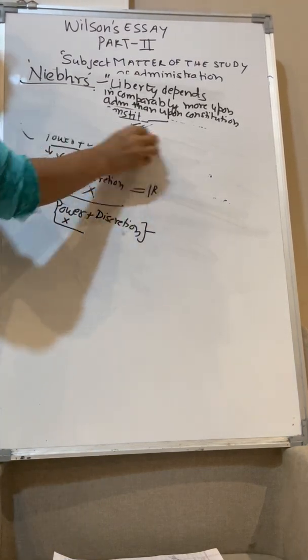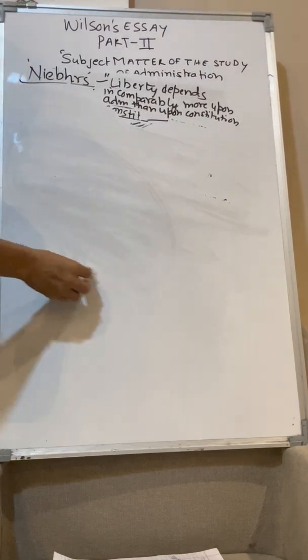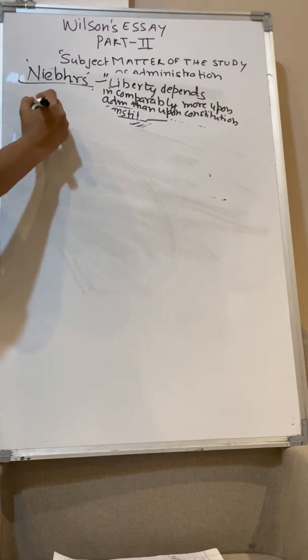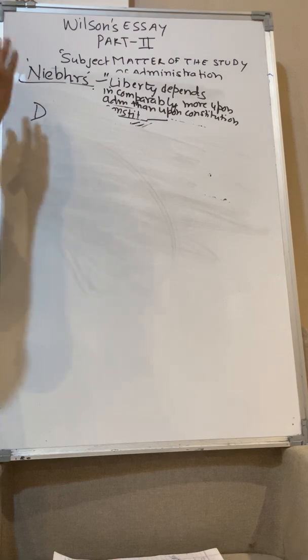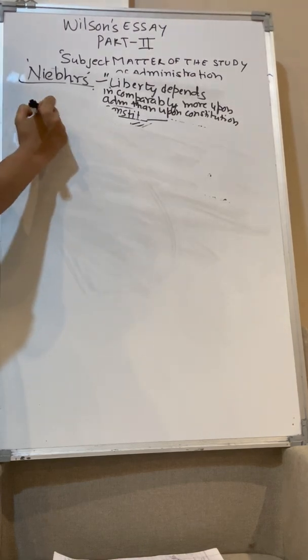Now he talks about why it is important to study responsibility. Then he explains that especially in democracy, not just in democracy but in every form of government, there is a suspicion.